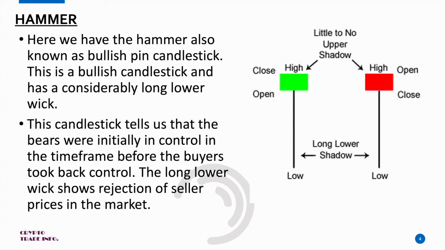It is a signal for a bullish reversal. But the hanging man, looking exactly like the hammer, is found at the end of a bullish trend. It signifies a bearish reversal. I will show some chart illustrations to explain that further as we move on in the lecture.